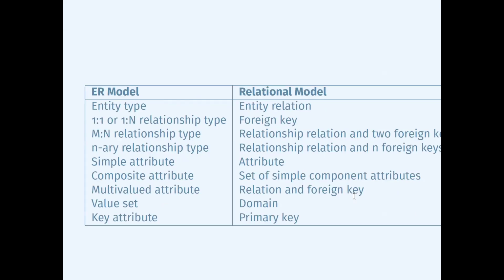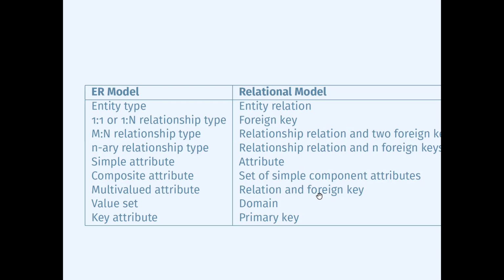So to finish our discussion, here are some of the glossary items we have used. In the ER modeling world, we discuss entity types, but in the relational model, we have entity relations. So ER model: one-to-one, one-to-many relationship, you have foreign keys; many-to-many relationship type.